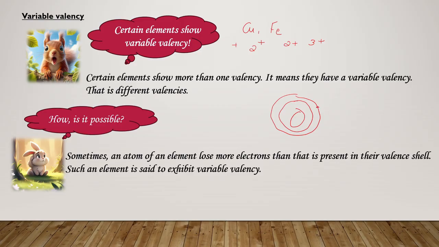They may lose electrons from here and here also. That is why certain atoms show variable valency: they also lose electrons from the penultimate shell, and because of that they have variable valency.